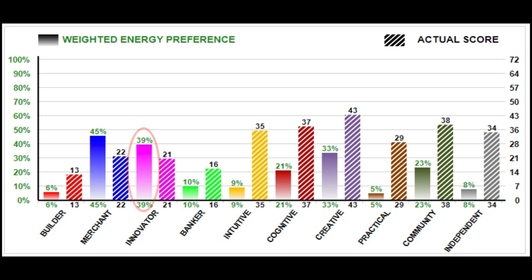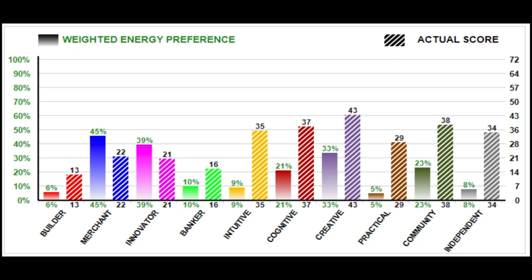This person's innovator energies make up a further 39% of their psyche energy. They will utilize this set of qualities to facilitate and support their merchant abilities. Since this person's merchant and innovator scores are pretty close, they will be switching between these 2 energies without much effort.